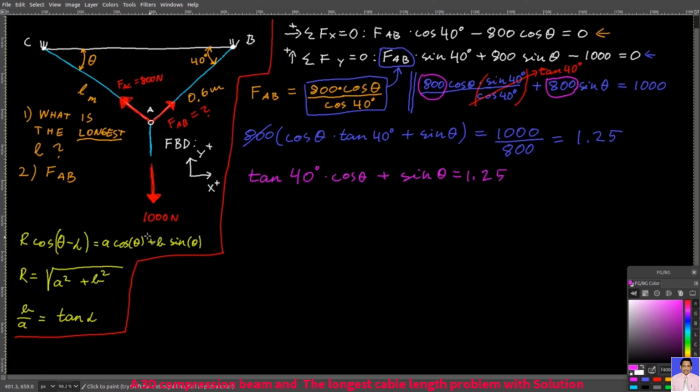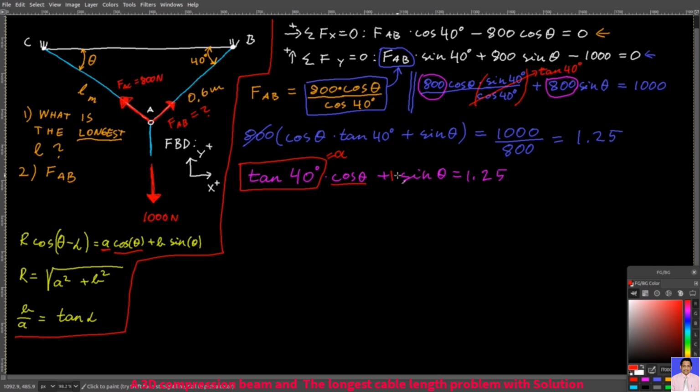However, this is where this relationship comes in handy. This tangent 40 degrees is just a number, and let this number be A, which is this one here, because you have cosine theta here, just like you have it here as well.